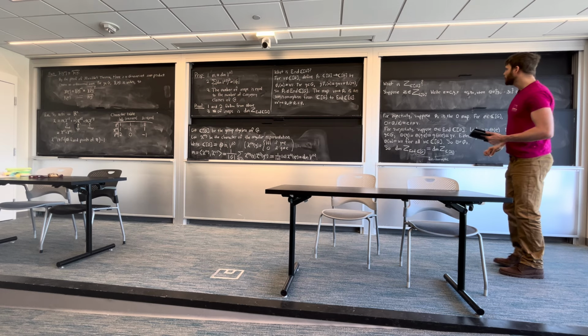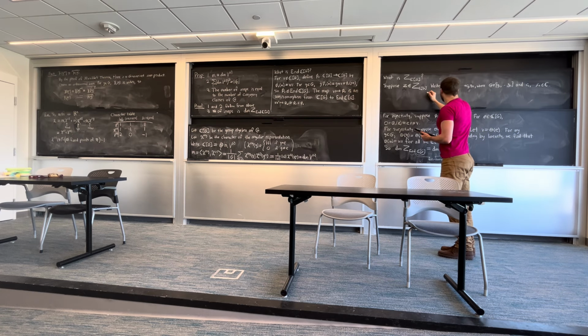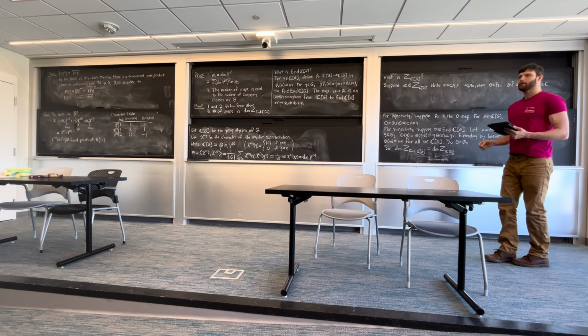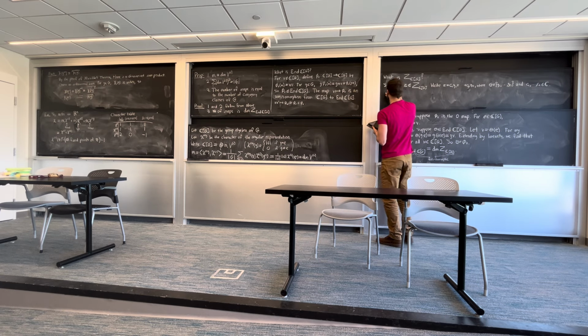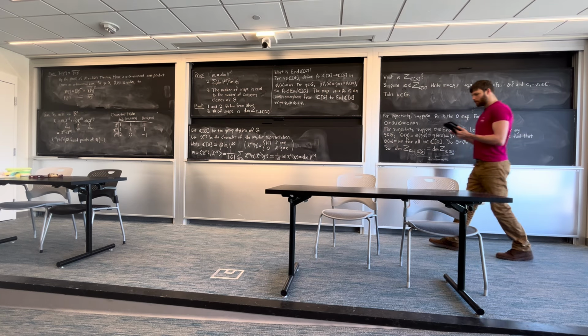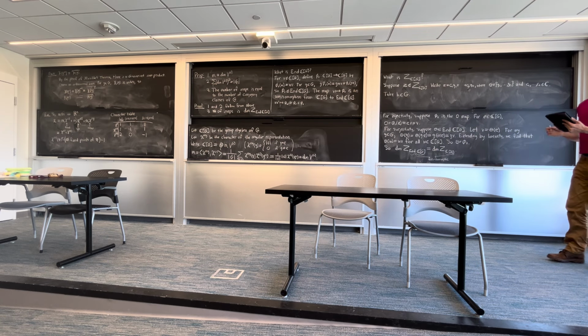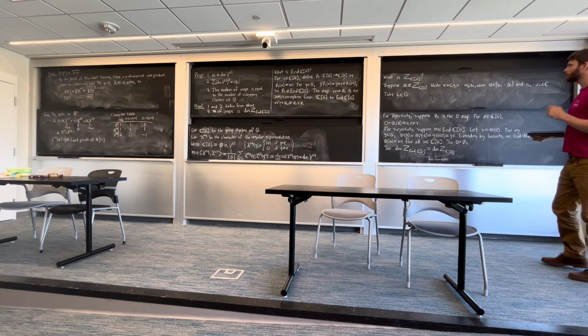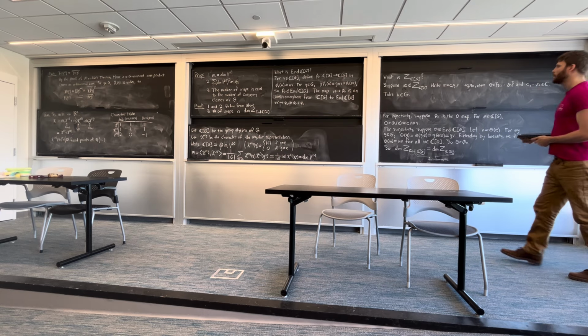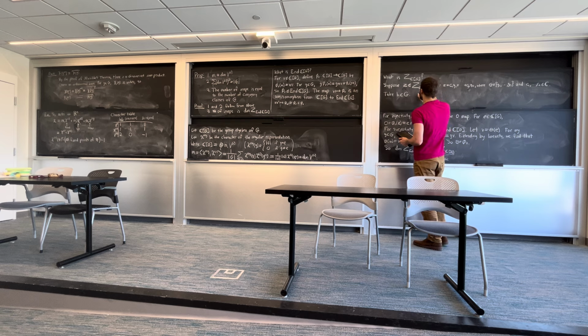Okay, so now let's say we take some other element of the group, H in G, and let's conjugate Z by H. First of all, I should write ZH equals HZ.